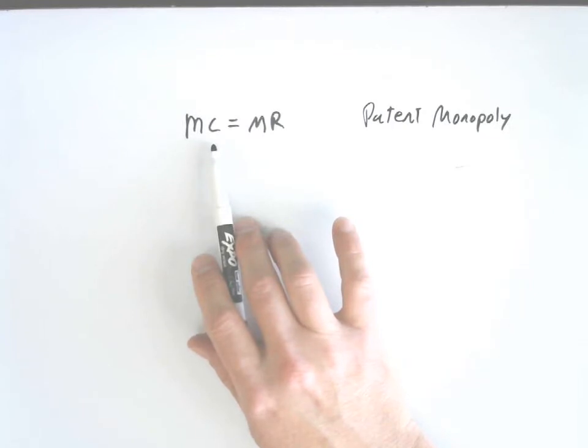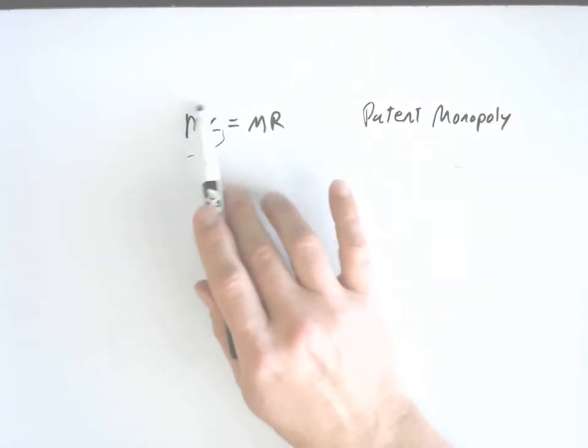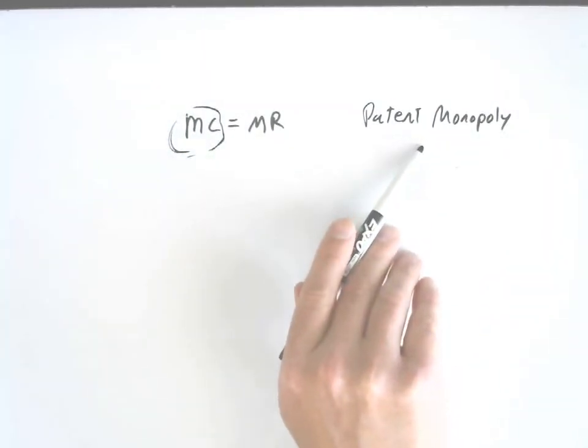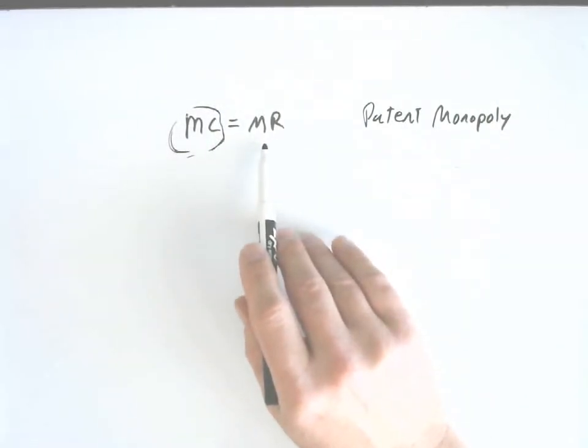And if it has that U-shaped marginal cost curve, it's going to have the standard average cost curves as well. So we already know what that cost model looks like for a patent monopolist. What we don't know, however, is what the marginal revenue function looks like.